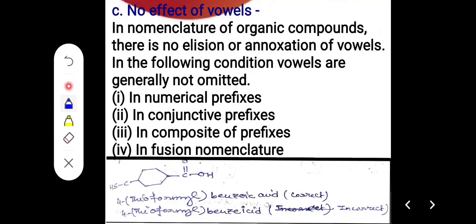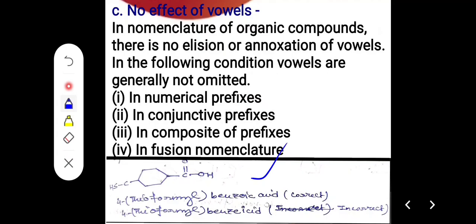So the example is 4-(thioformyl)benzoic acid. This is the correct approach. The O is not omitted.